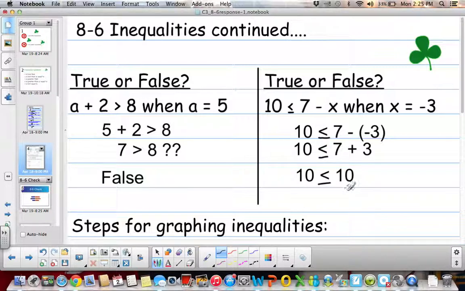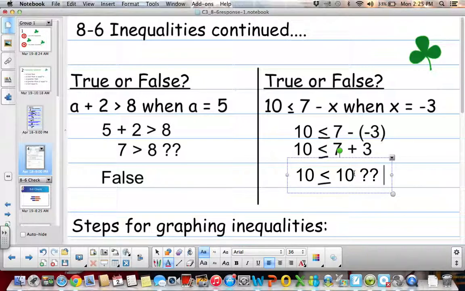Is 10 less than or equal to 10? Yes, because it can be less than or it can be equal to. So our answer is true.